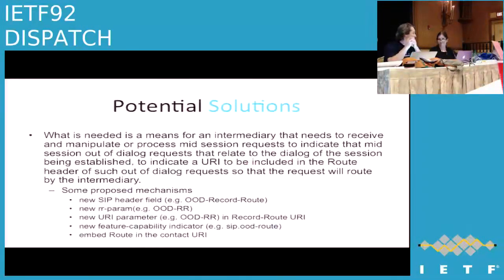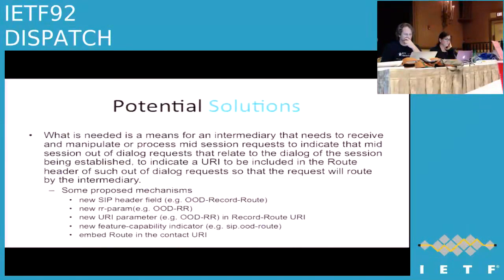The draft proposes some mechanisms. There may be others. This is more of a problem draft right now. Options are a new SIP header field, a new RR param, a new URI parameter, a new feature capability indicator, or there has been a suggestion that the route could be embedded in the contact URI as well.